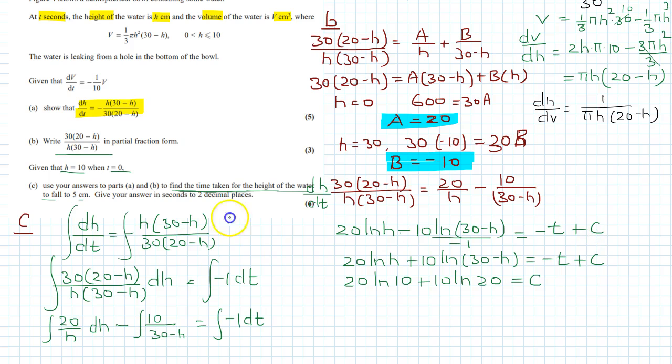We have to calculate the value of time t. t is negative, so t should be positive. So let t come to this side. So t is equal to c minus 20 ln h, minus 10 ln(30 minus h), where c is 20 ln 10 plus 10 ln 20.